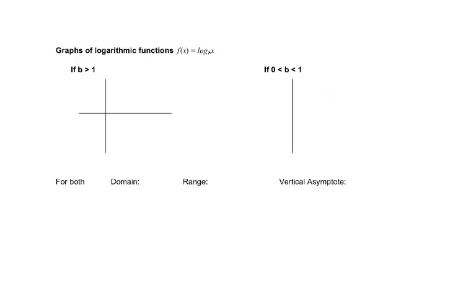So now let's look at the graphs for log functions. The graphs for logs cross at 1 on the x-axis. If b is greater than 1, that base, then the graph comes up through that point and over. It's got a vertical asymptote on the y-axis, so it can never cross that. It can't touch that y-axis.